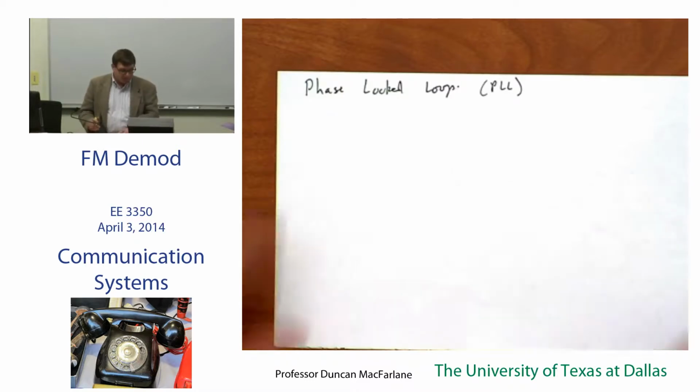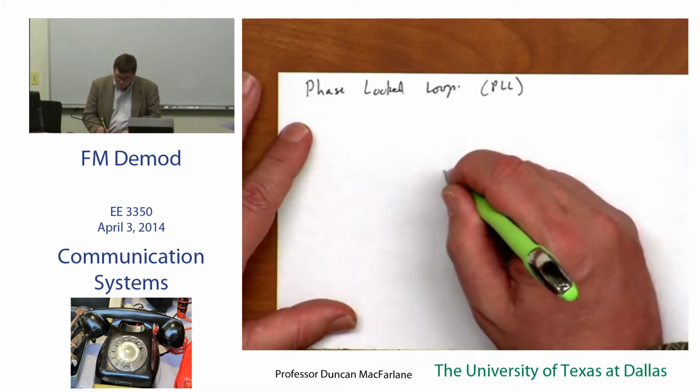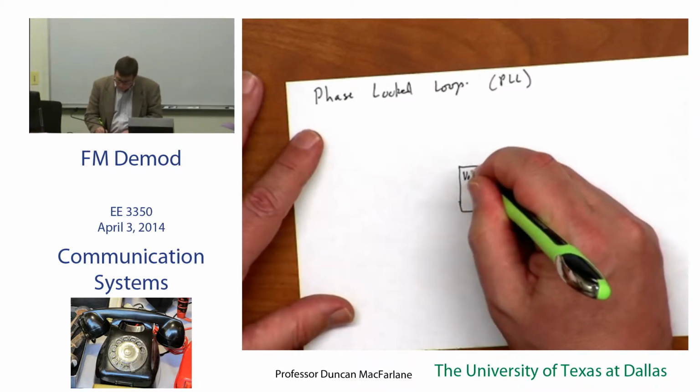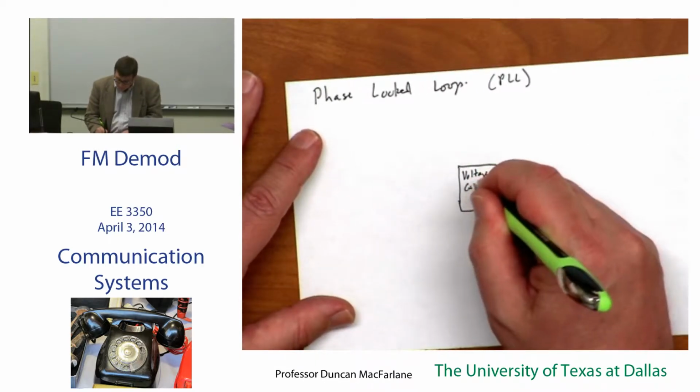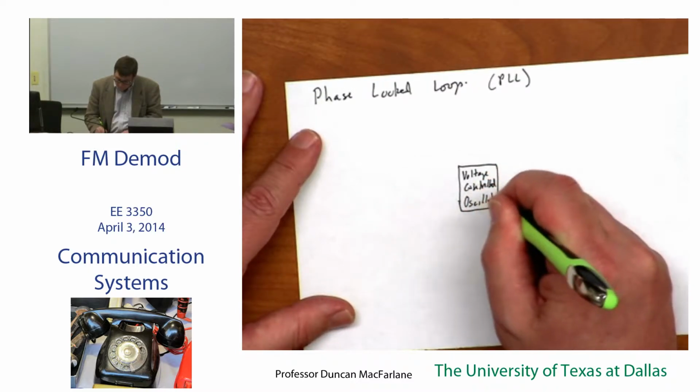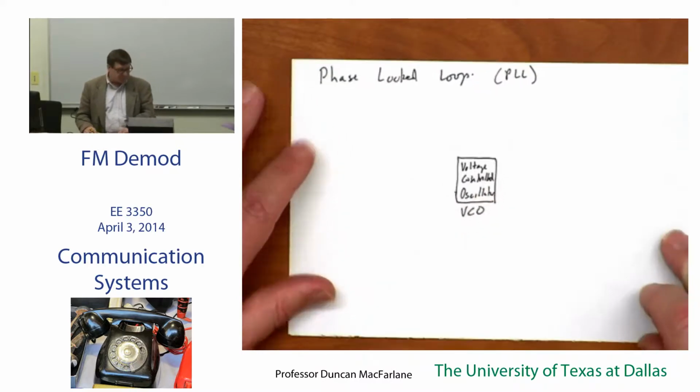The fundamental piece to a phase-locked loop is an element called a voltage-controlled oscillator, or a VCO.